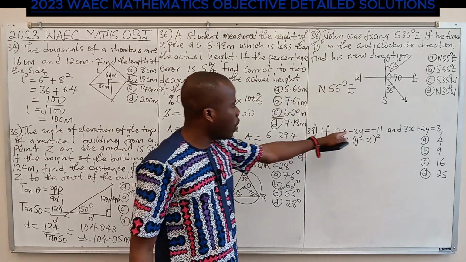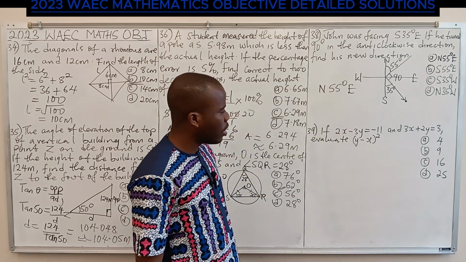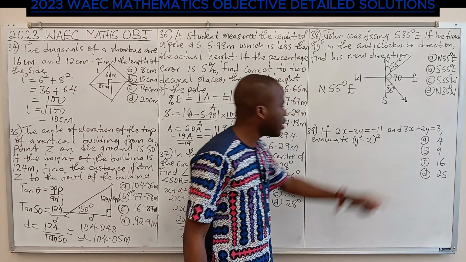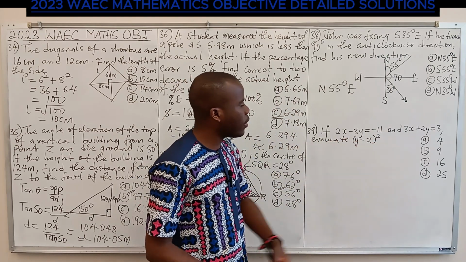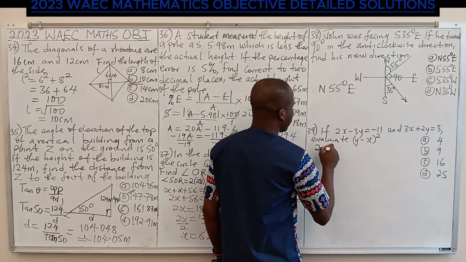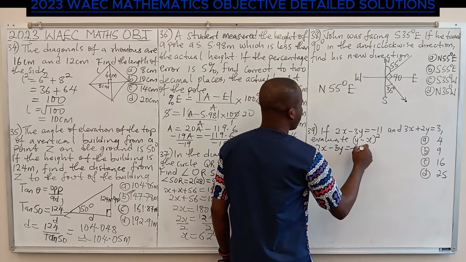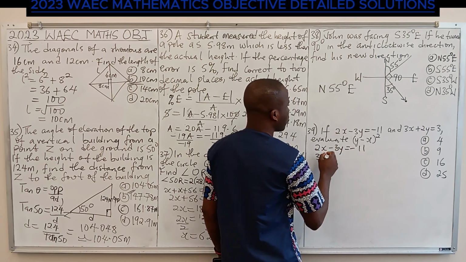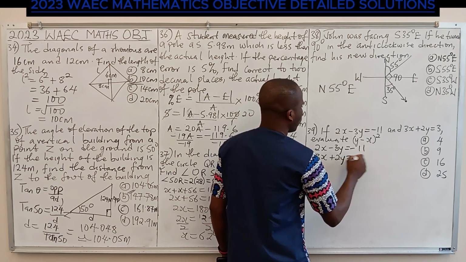Question 37. If 2x minus 3y is minus 11 and 3x plus 2y is 3, evaluate y minus x all square. So 2x minus 3y equals minus 11 and 3x plus 2y equals 3.